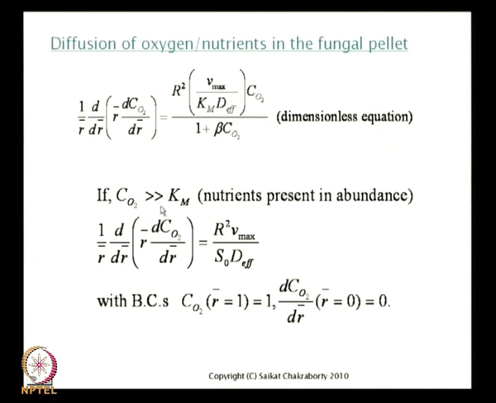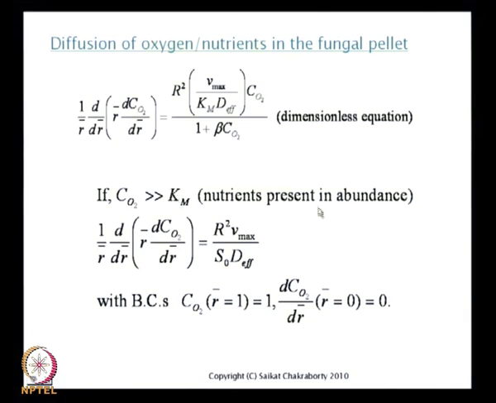Now, the assumption here is that oxygen is much greater than Km, which is a very reasonable assumption, because if fungus is growing, for example, oxygen is typically in abundance as compared to the Km. So, that is a very straightforward assumption.